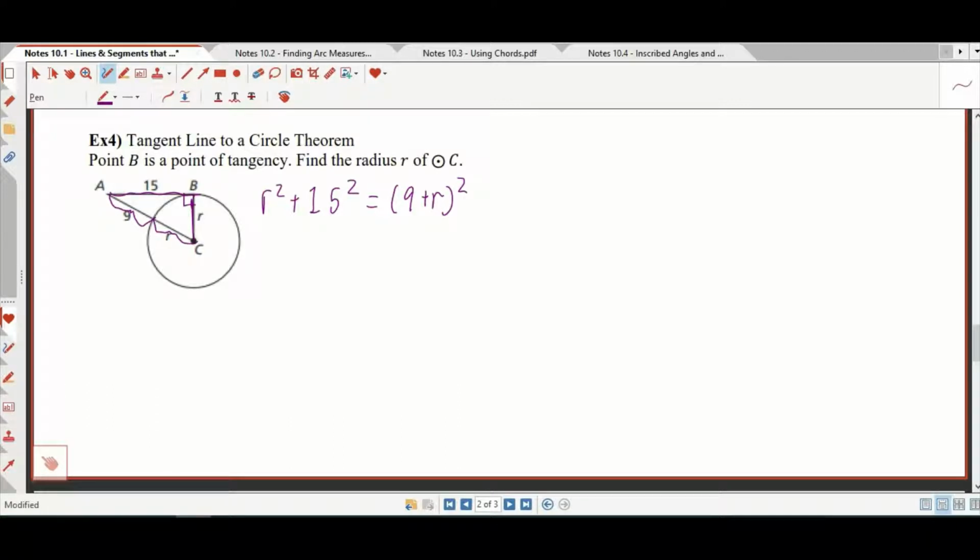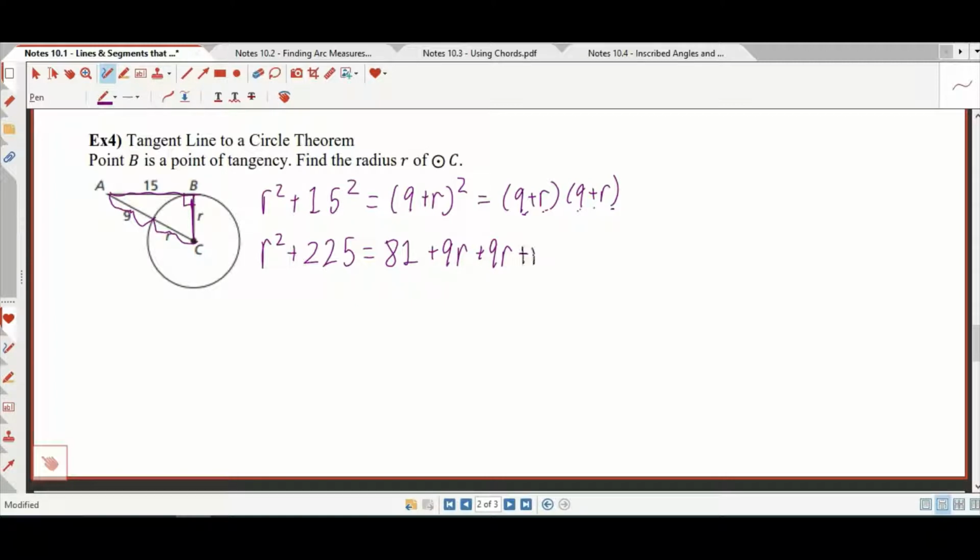So let's simplify this. R squared you can't really do much about. 15 squared is 225. And when you multiply 9 plus r times 9 plus r, 9 times 9 is 81. 9 times r is 9r. R times 9 is also 9r.